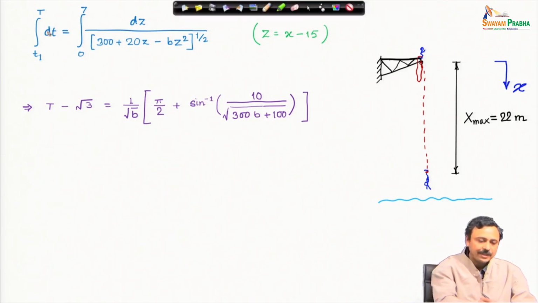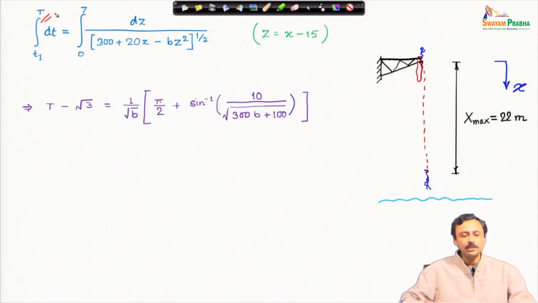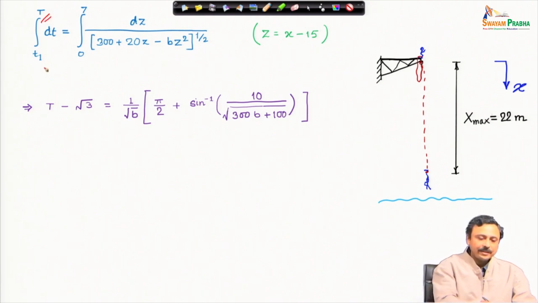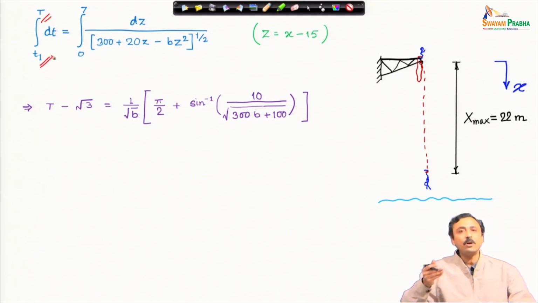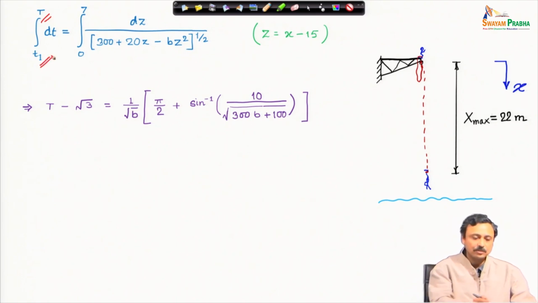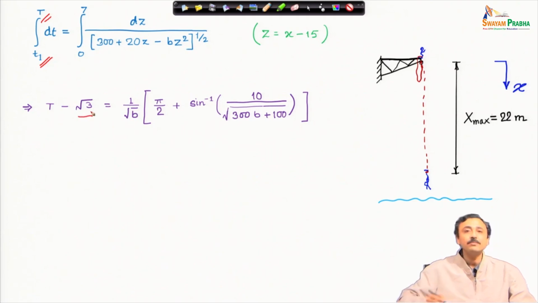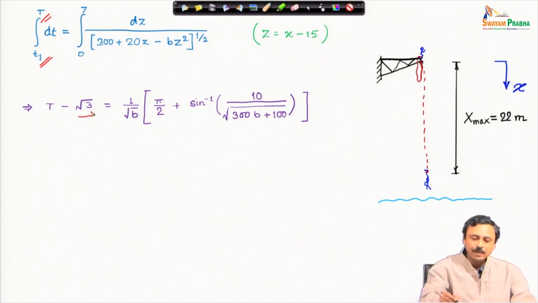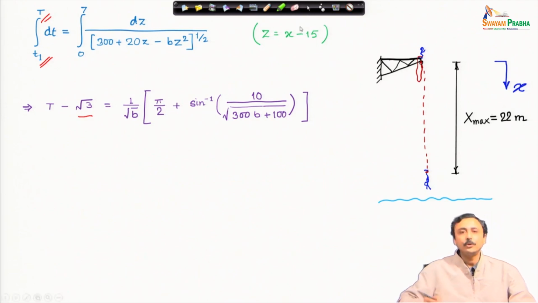Now, here this capital T is the total time of travel, and this is for the restraint phase. So, this starts after the time of the free fall has elapsed. Root 3 was the time of free fall. So, t minus root 3 is equal to whatever is there on the right hand side, and there is a fall of z of 7.